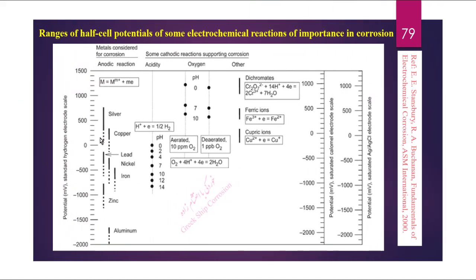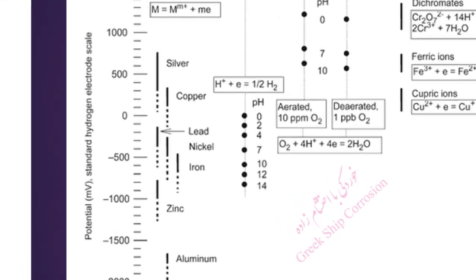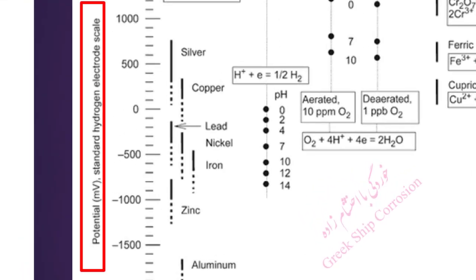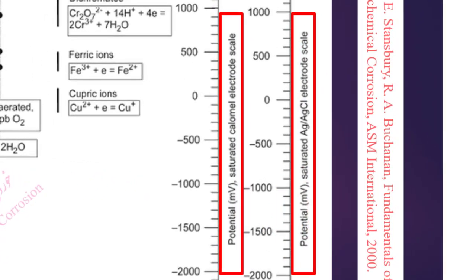This figure shows ranges of half cell potentials of some electrochemical reactions of importance in corrosion. There are 3 scales in this figure for potential versus 3 reference electrodes. Standard hydrogen electrode, saturated calomel, and saturated silver chloride are shown here.